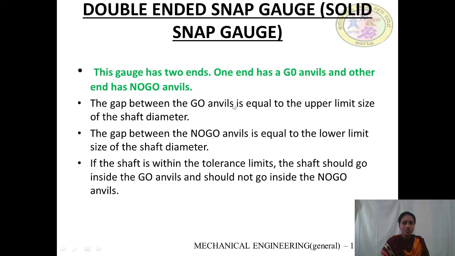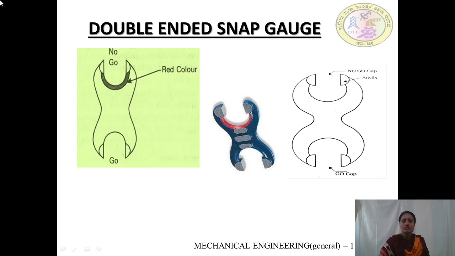The gap between the go anvils is equal to the upper limit size of the shaft diameter, and the gap between the no-go anvils is equal to the lower limit size of the shaft diameter. If the shaft is within the tolerance limits, the shaft should go inside the go anvils and should not go inside the no-go anvils. Checking the dimensions of shafts using snap gauges is very simple.